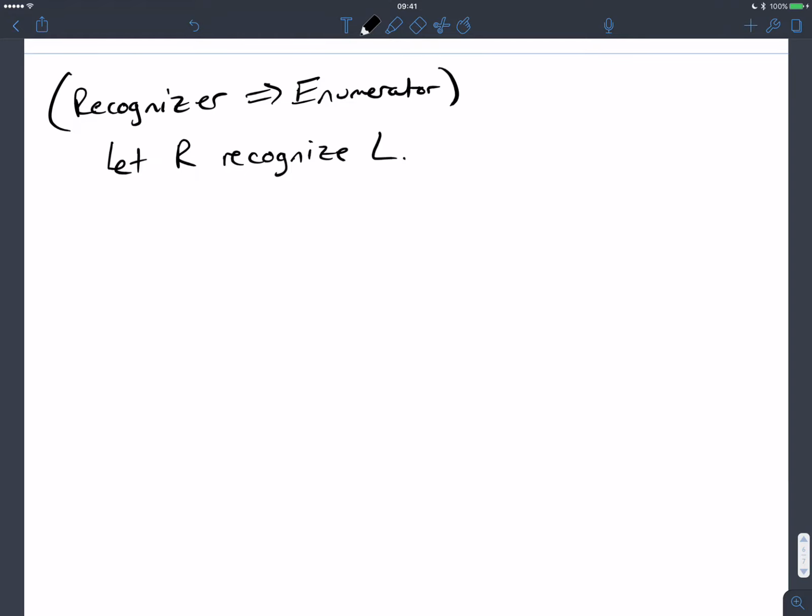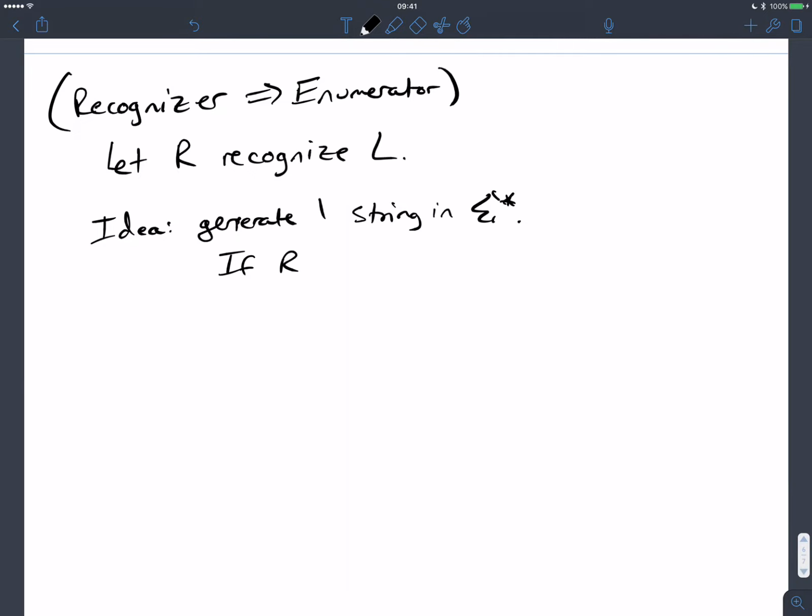So what I want to do is build an enumerator that prints out strings in this language L, and all I have with me is a recognizer. It can only tell me if it's in the language, but not necessarily run in a finite amount of time if it's not in the language. So here's an idea that won't work. Generate one string in sigma star.